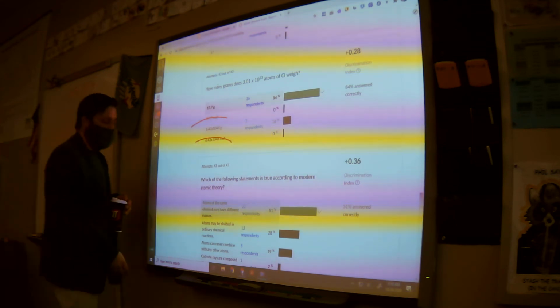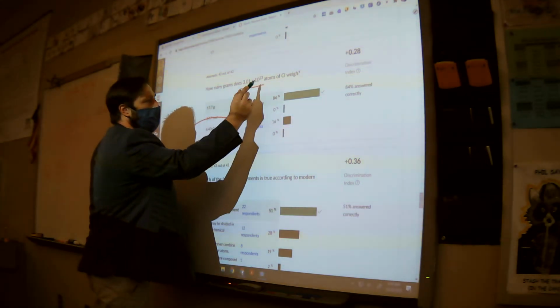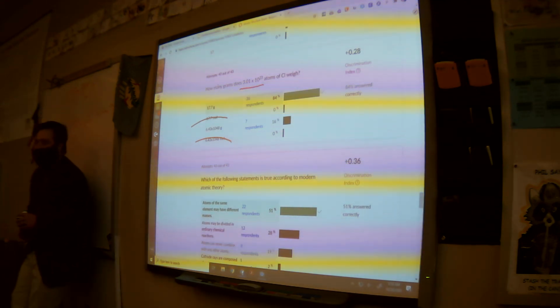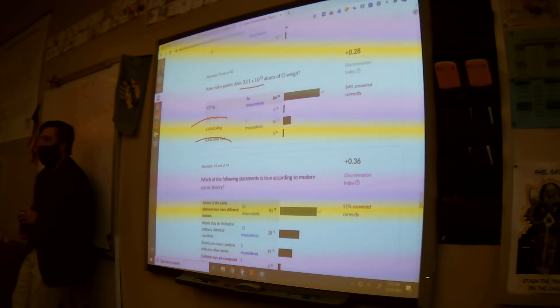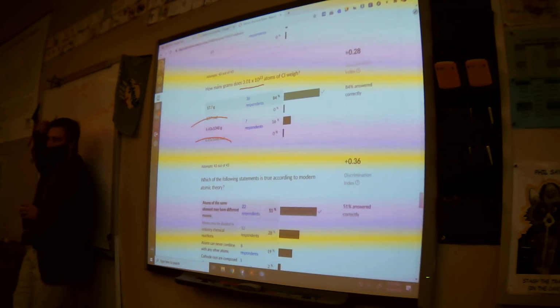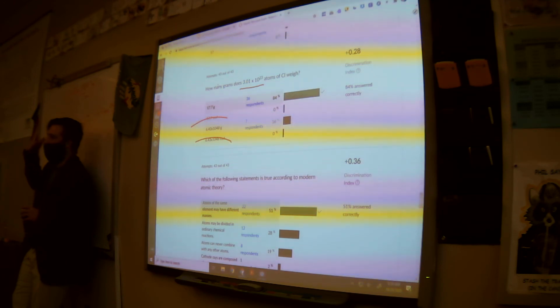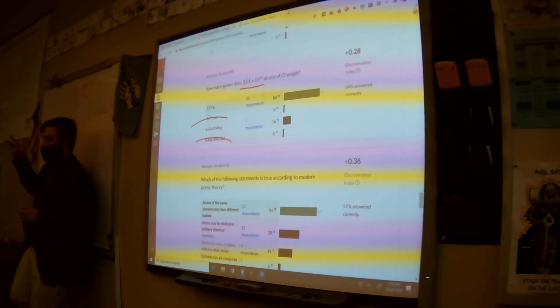But we can go a little bit further than that. Think about that many number of atoms. What does that look like to you? 3.01 times 10 to the 23rd. Does it have a relationship to anything? 3.01? Speed of light. No, what is it? What's all those numbers? 6.02. 3.01, 6.02. Oh, so it's just half that. Half, right?